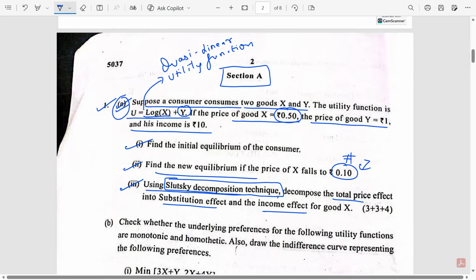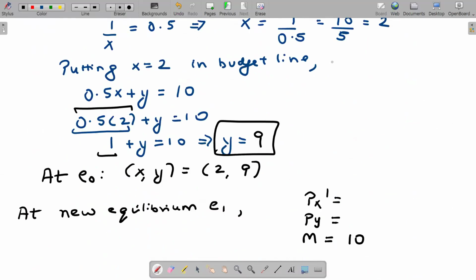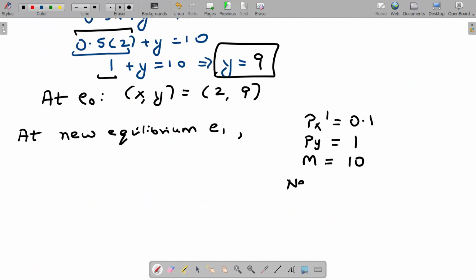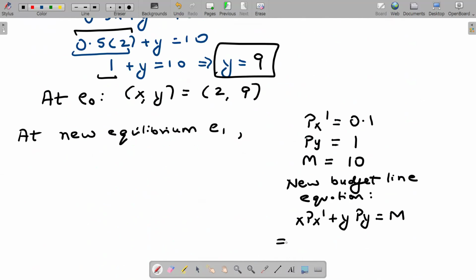So coming back to the whiteboard, the new price of X, Px dash, is 0.1. Price of Y is still the same, which is 1. So my new budget line equation is going to be x Px dash plus y Py equal to M. If I plug in the values of Px dash and Py, it's 0.1x plus y equal to 10.